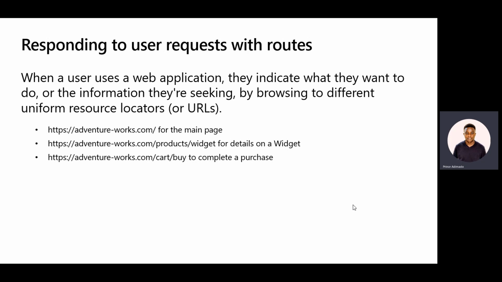As a developer, we don't need to worry about the first part of the URL, adventureworks.com. Our application is put into action based on whatever comes after the domain, starting from the forward slash. That portion after the domain name is known as a route.